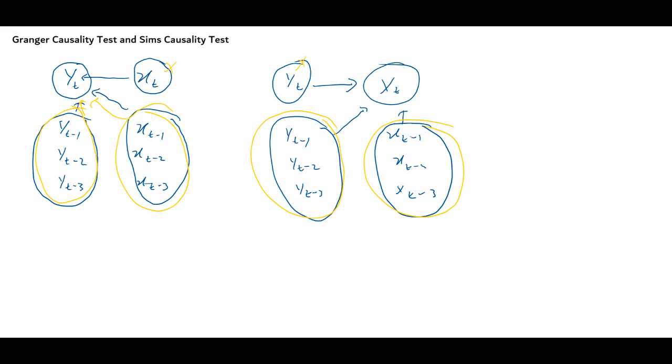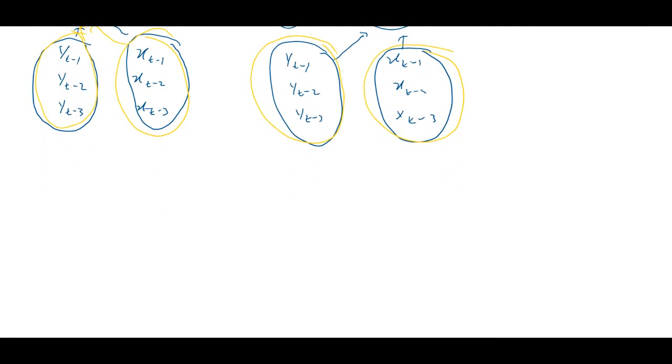So we can write the basic equation for our model, and that is yt is equal to a1 plus summation i from 1 up to n beta i xt minus i.